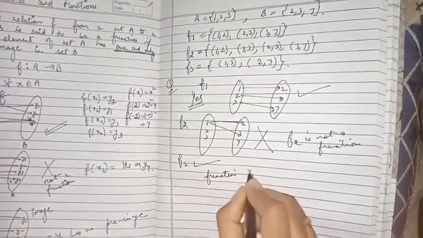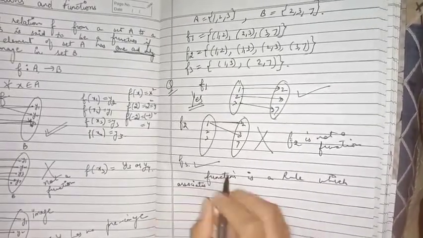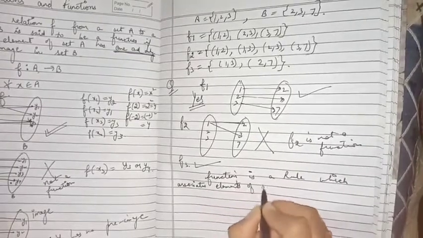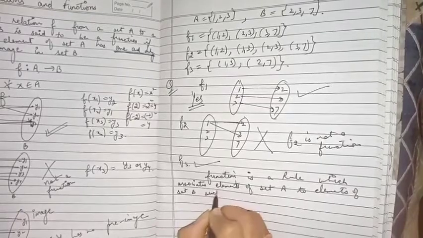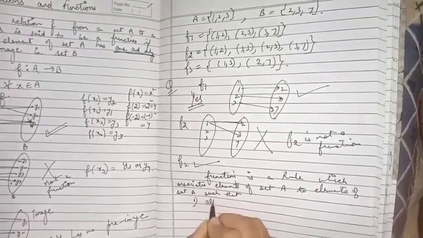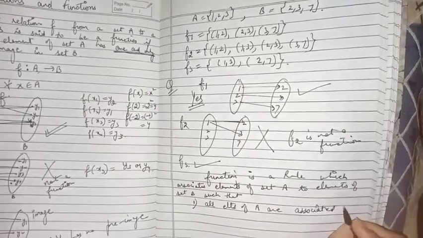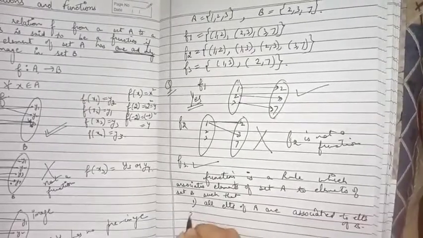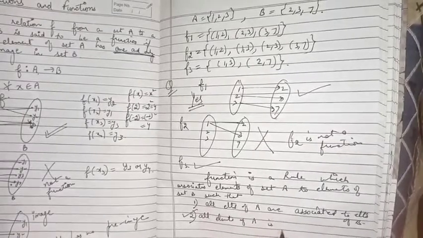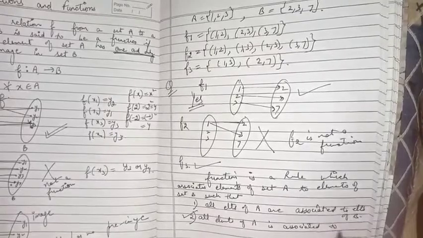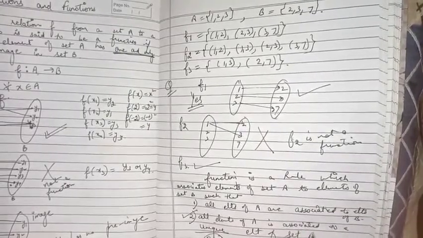Function is a rule which associates elements of set A to elements of set B such that the first condition is all the elements of set A are associated to elements of B. This is my first point, and the second point is very, very important, that is all elements of A are associated to a unique, means one unique element of set B, right?